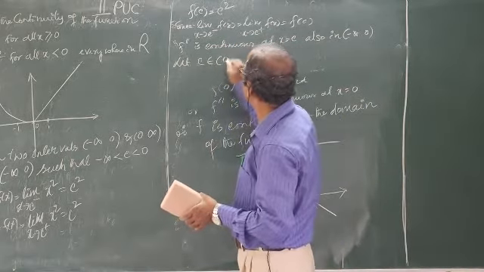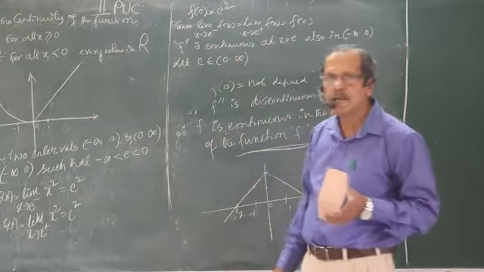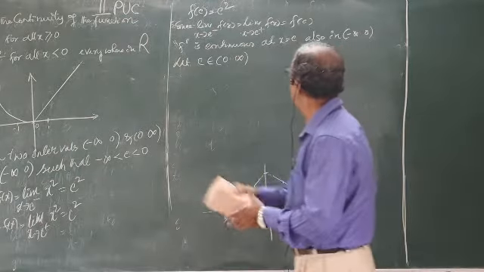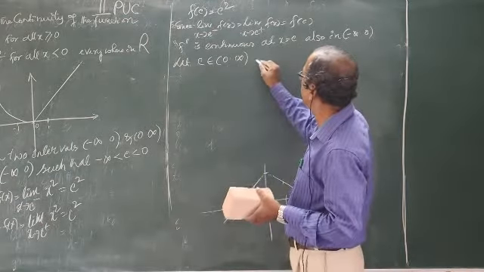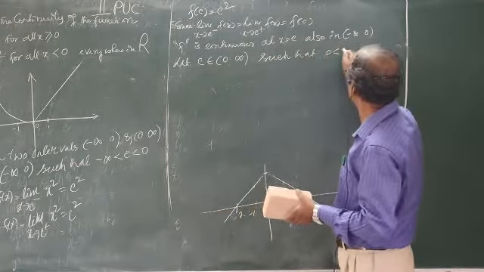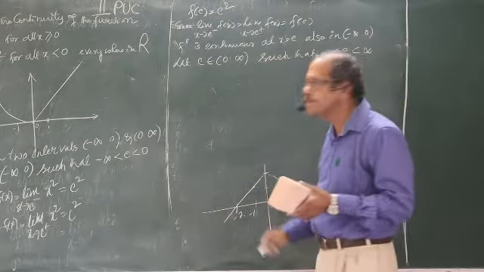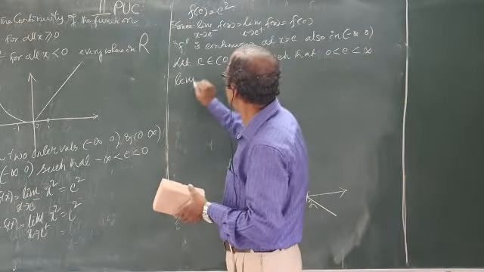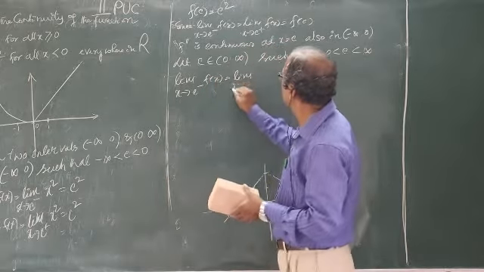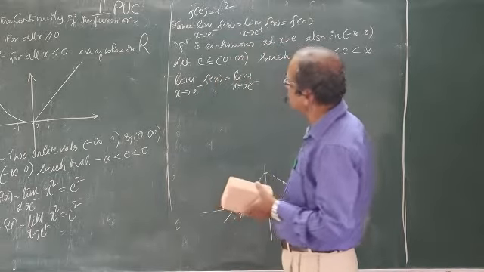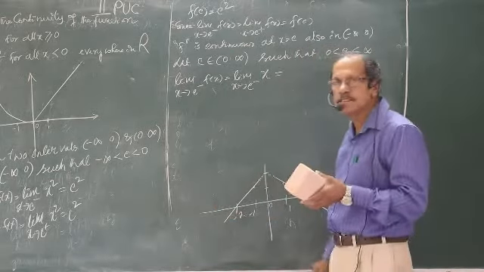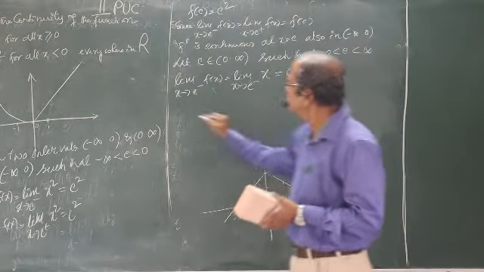Let c belong to 0 to infinity. Next, the positive part. c belongs to 0 to infinity such that 0 is less than c less than infinity. Limit x tending to c minus of f of x, now it is the positive part, x, so c.